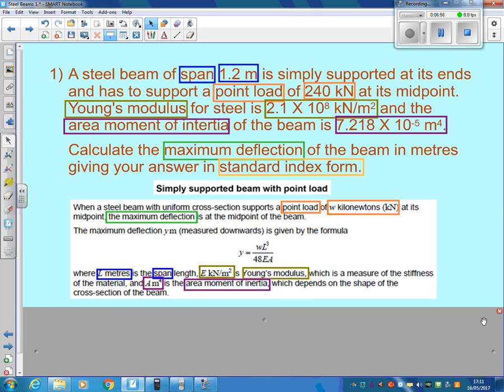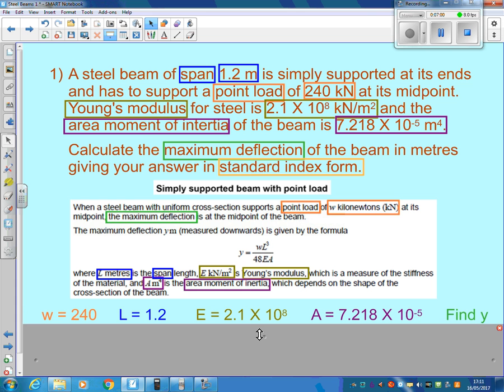Now, as soon as you've done that, most of the difficulty then disappears, because we can write down what these letters represent. So you'll see that the point load, that's your W, the W there, let's look at the same color, is 240. You can see your span, your L meters, your span is 1.2, so L is 1.2. Young's modulus, E, is 2.1 times 10 to the 8.